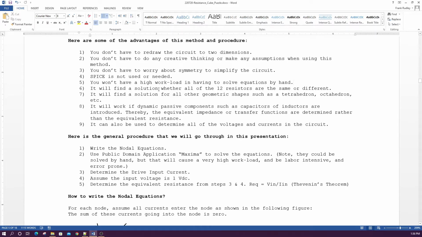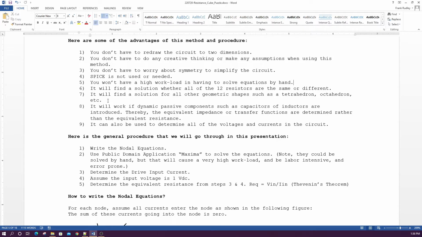Okay, 7, it will find a solution for all other geometric shapes, such as a tetrahedron, octahedron, etc. Whatever shape you want, it can do it. The geometry specific to the cube is used in this procedure, but you can use this procedure for any other shapes.